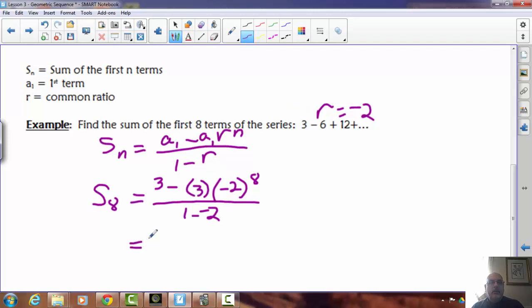Okay, so then we look at this. -2 to the 8th is 256. 256 times 3 is 768. So it's 3 minus 768 over 3, since 1 minus -2 is 3.